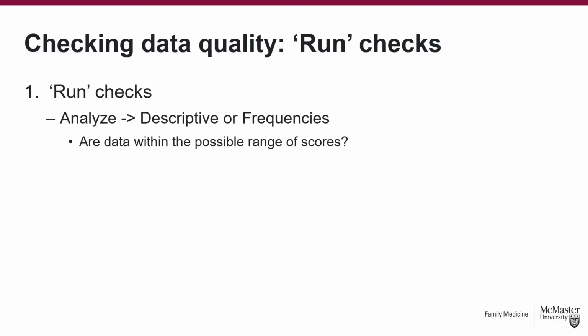Another question you want to ask yourself is, what does the variability look like? Oftentimes in research we want variability, or else nothing really statistically changes if everyone's the same. And so some things you could do here is maybe you run an analysis, just simple mean and standard deviation.